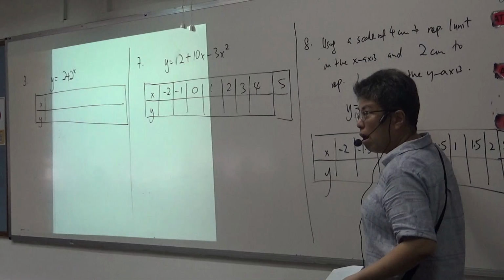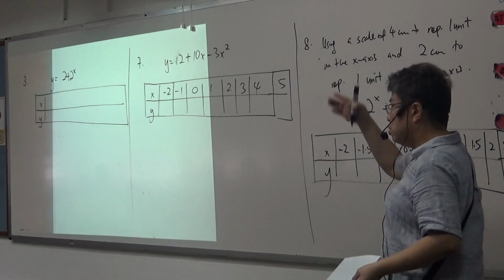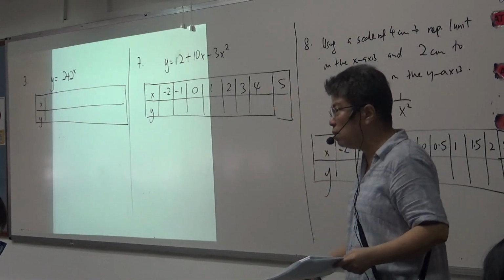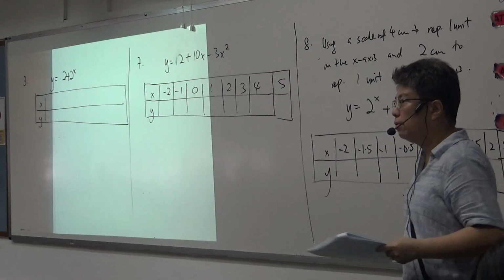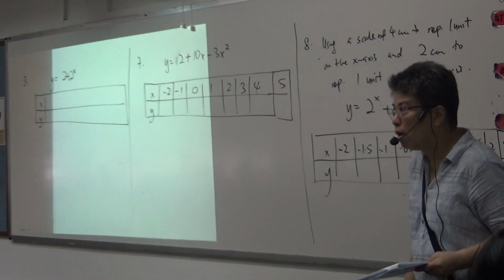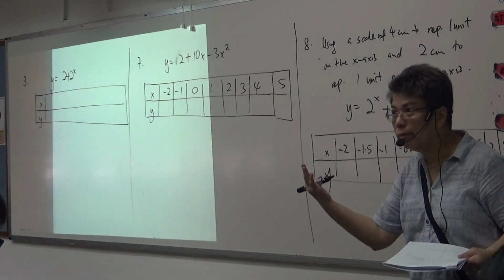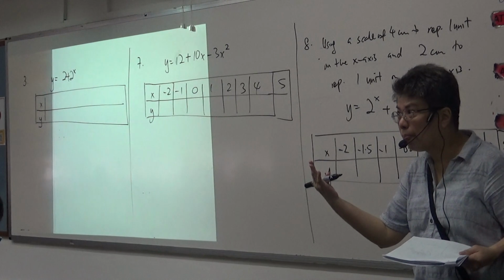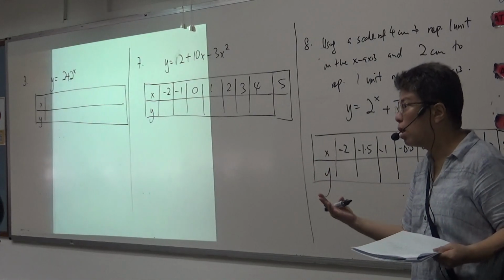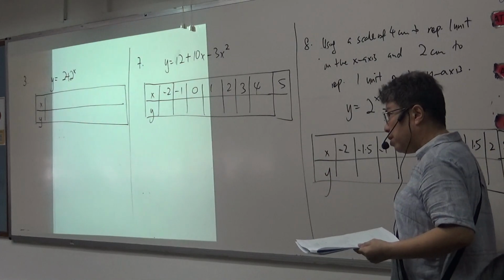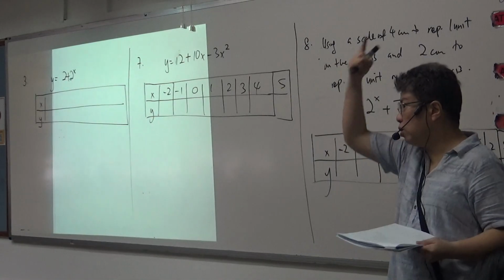What is it called? Undefined, right? That means you will have the y-axis as the asymptote. This one got no answer. Understand? Clear or not clear? Don't go over and join, huh? I say this one got no value. Do you agree? Then must you join to the y-axis?